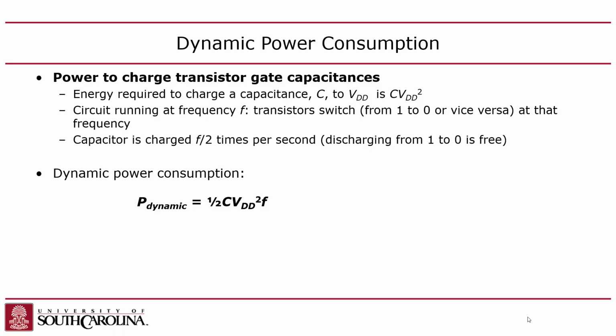Okay, so what is dynamic power consumption? I used to be under the mistaken impression that dynamic power consumption happened because when you switched a gate, like an inverter, right? I mentioned that when the input is 0, you're only pulling up or pulling down, and if the input is 1, you're doing the opposite, but you're never pulling up and pulling down at the same time.